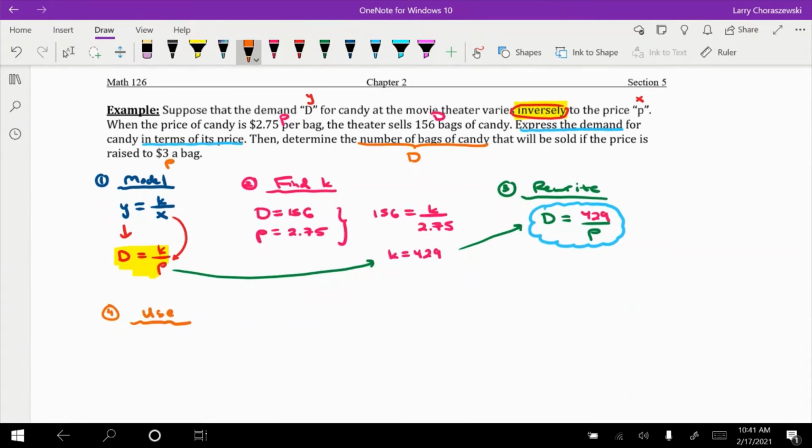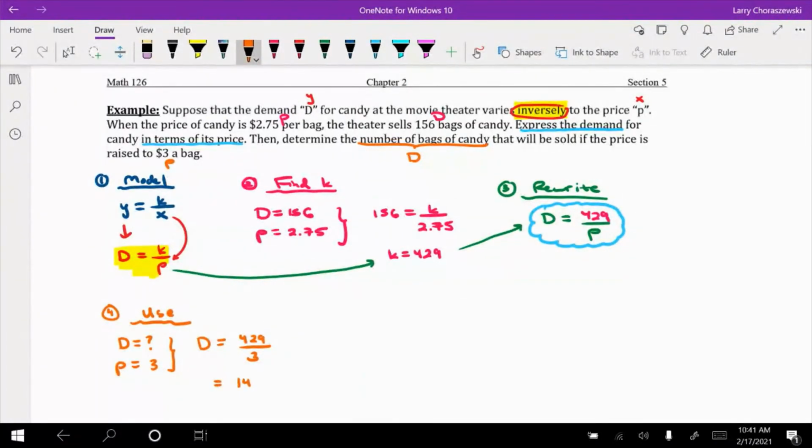So our fourth and final step for this, we're going to use our model from step 3. We don't know what the demand is just yet, but they do want us to assume a new price of $3. And so we'll plug this into our formula, 429 over 3. Let me just punch this in real quick.